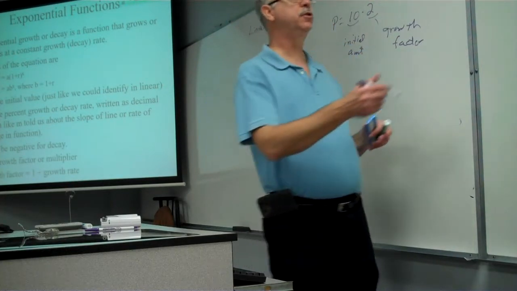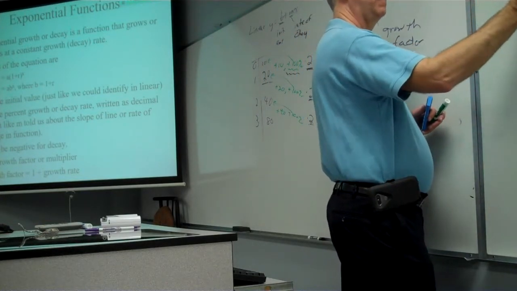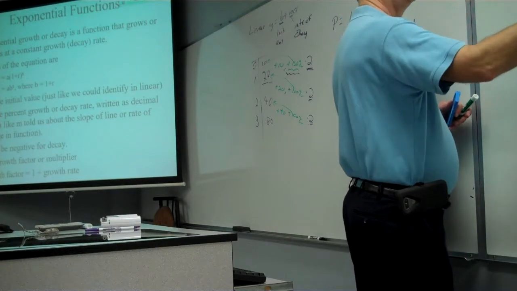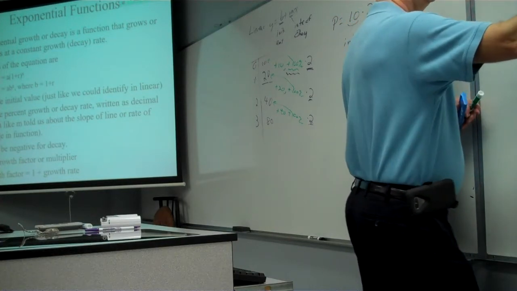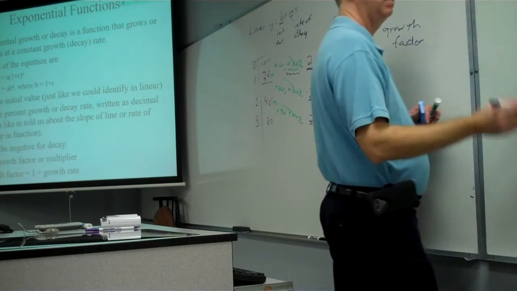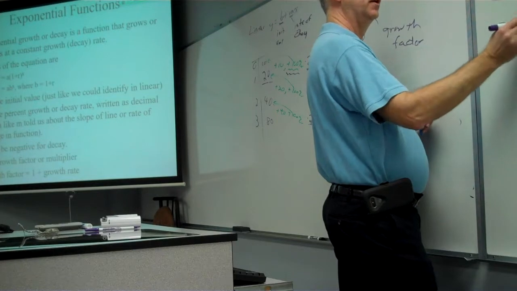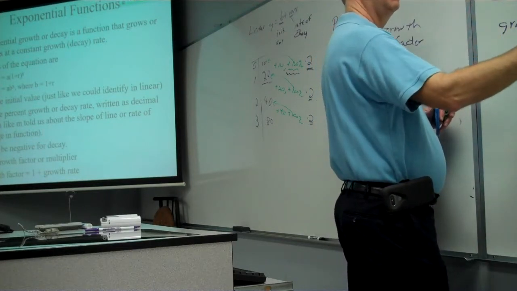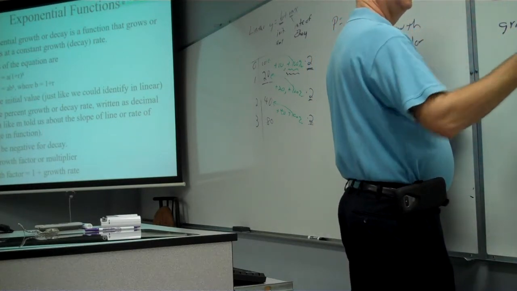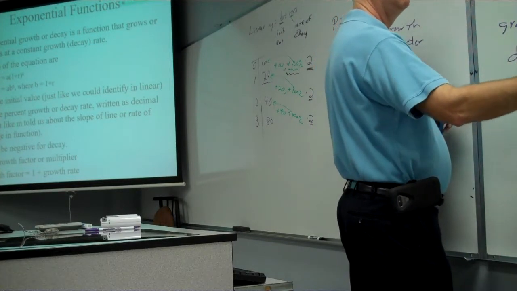And there is a relation between these two. The growth factor equals 1 plus the growth rate. And if it really is growth, the factor is bigger than 1. If the factor happens to be less than 1, we have decay.